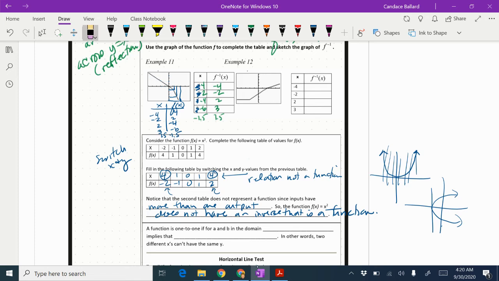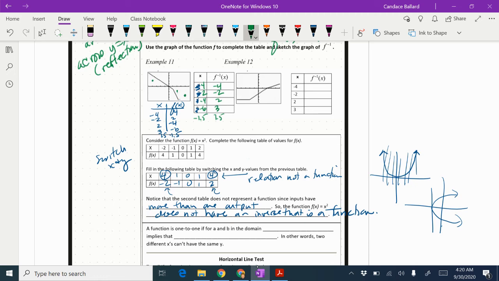I'm going to erase on here because I don't need all that mess anymore. And I'm going to go ahead and plot those points. So I'm going to go out 4, down 4, maybe. I'm going to go out 2, down 2. I go out -4 and up 2.